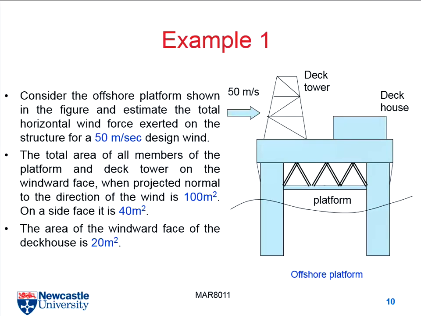So usually, they calculate in different ways. So we should know exactly what the face area is for that deck house, and in this case, the facing area, this face, is 20 square meters. So you see, we have 3 different areas, and we have only one equation.